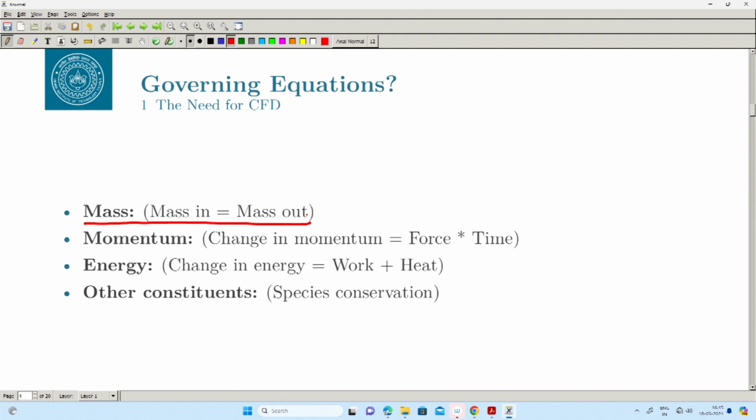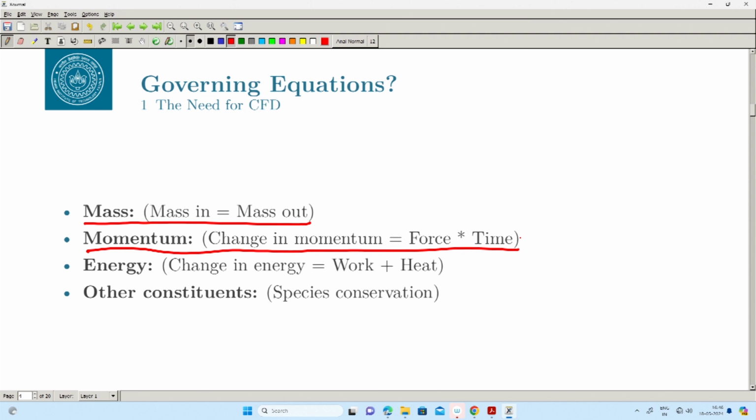There are different names for this mass conservation equation. We also call it the equation of continuity, and we will discuss that when we go into detail about the governing equations.